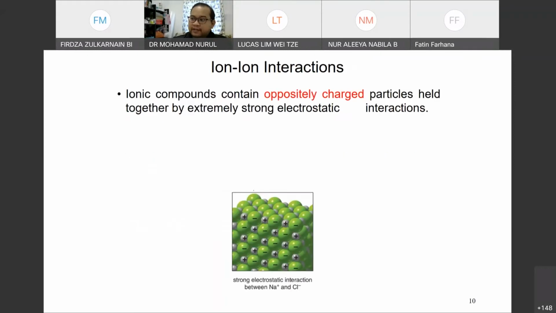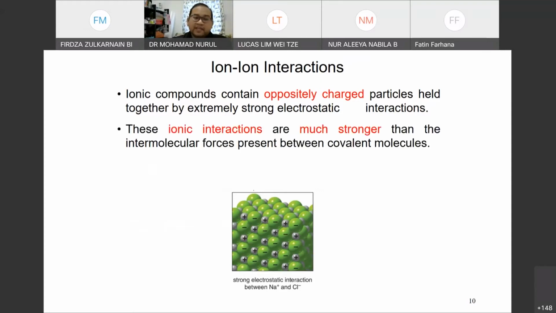For the ionics, oppositely charged particles are held together by extremely strong electrostatic interactions. The easiest example is sodium chloride, the table salt that we use every day for cooking. Because of the different charges, they interact very strongly compared to covalent bonds. This means ionic bond is the first one.